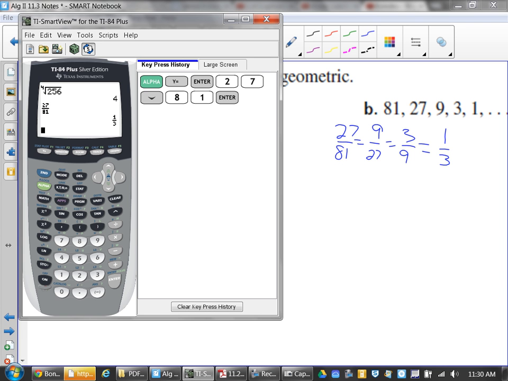That's the reason why I do it that way. A lot of times you guys will forget that you're dividing and just accidentally multiply by 3, and then your stuff gets off. So in this case, would I say that that sequence is geometric? Yes.